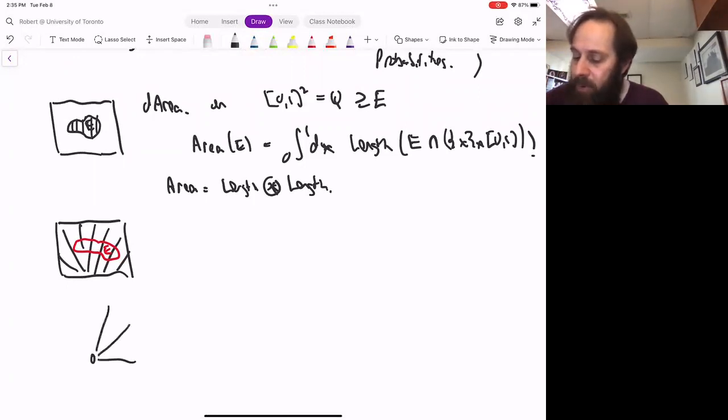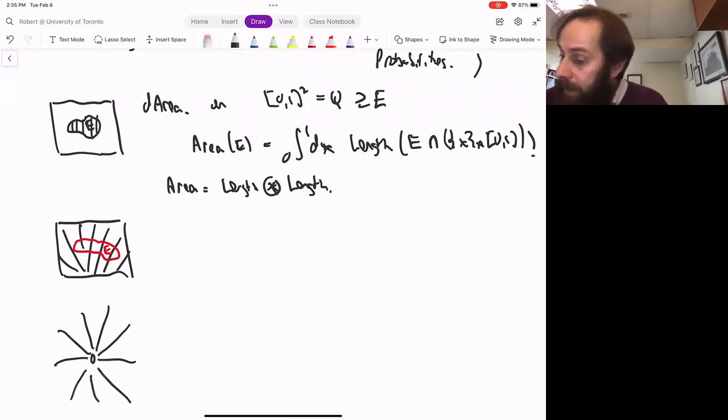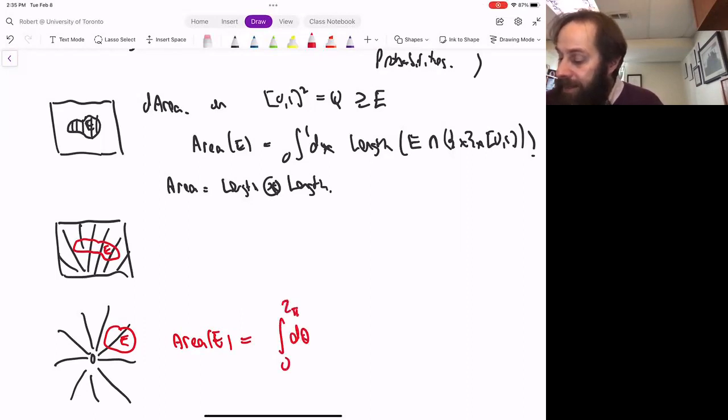So if I went to polar coordinates and took some set E, the area of E is not necessarily what you might imagine, something like the integral d theta from 0 to 2 pi of the length of the intersection with theta.